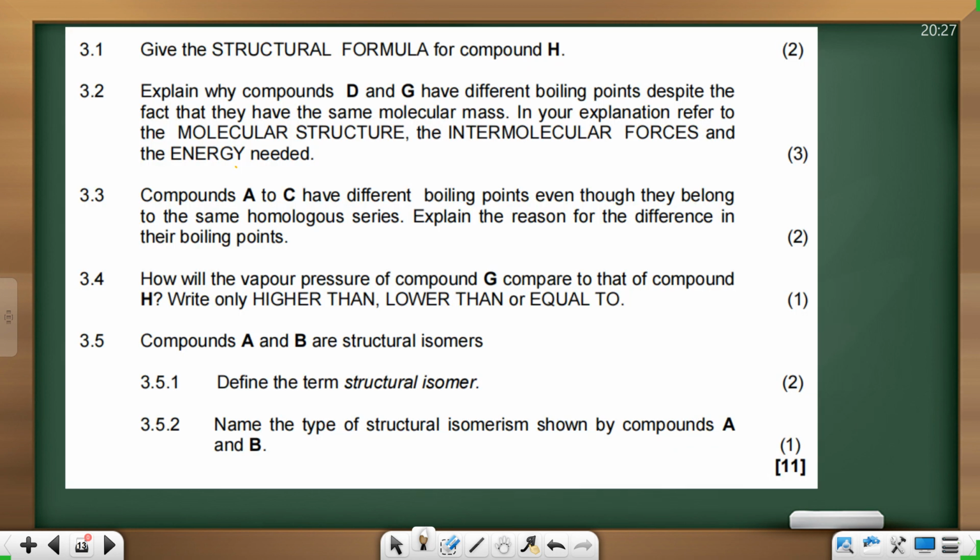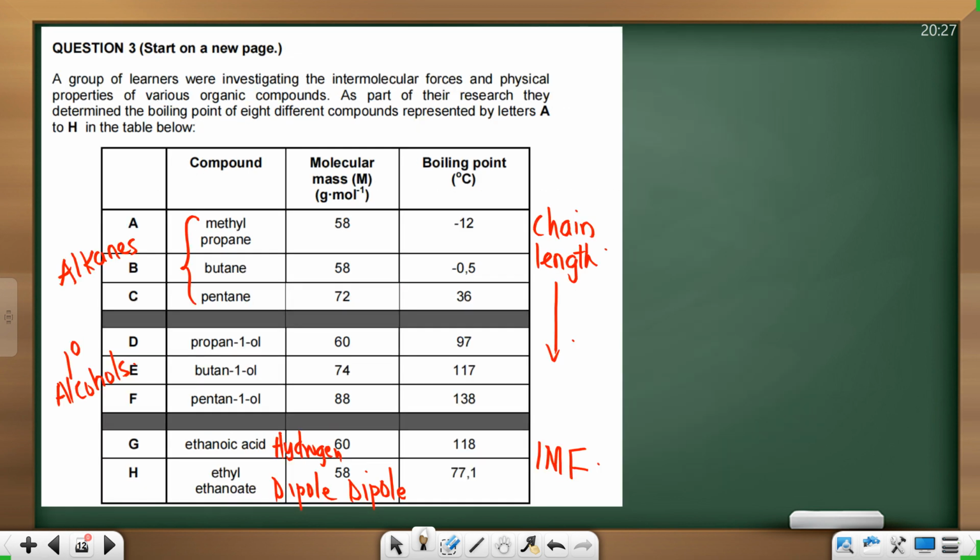All right. How will the vapor pressure of G compare to that of H? Do you want to answer that question? Sophie, just write. Okay, Nonkuleko.